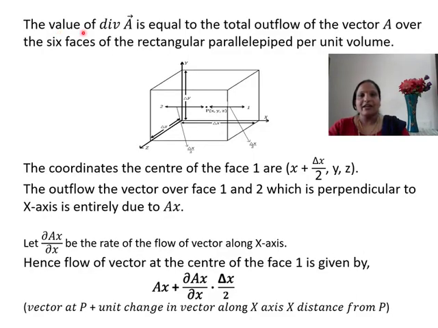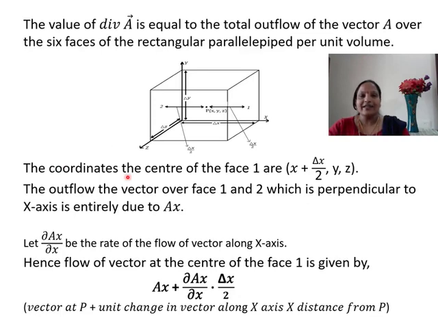The value of the divergence of the vector A is equal to the total outflow of the vector A over the six faces of this rectangular parallelepiped per unit volume.